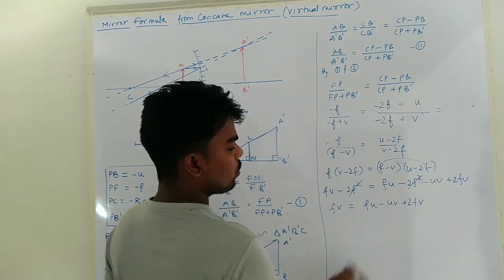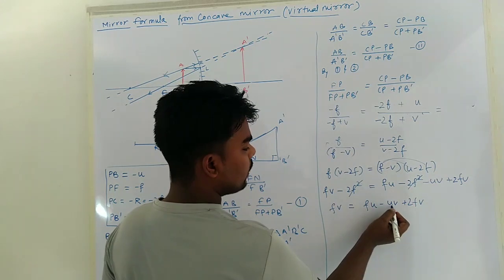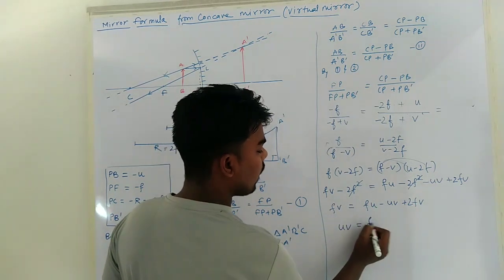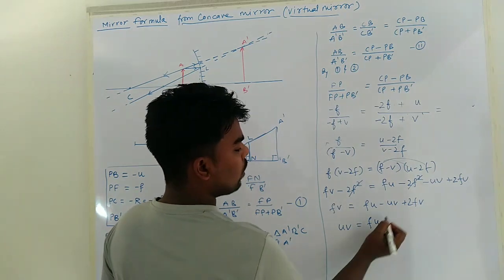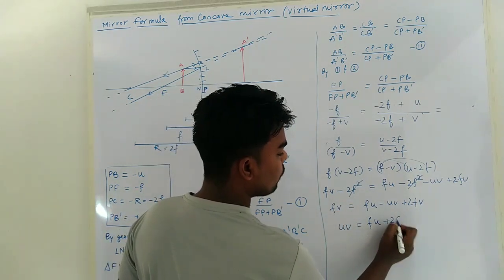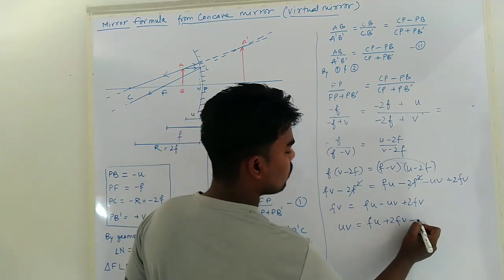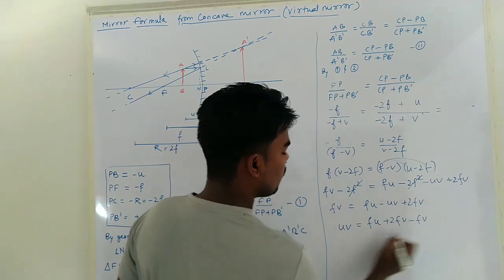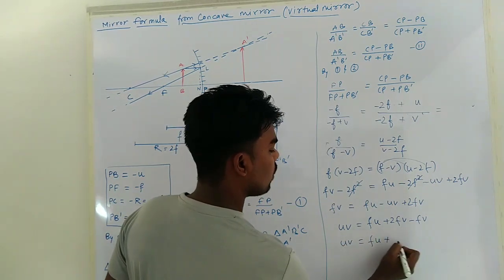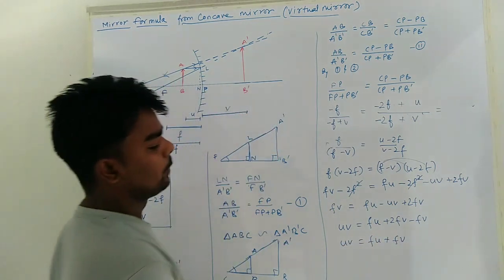Okay, so I will take UV this side, so this will become plus UV, then FU, and this FV, and here is left 2FV, and this will come here, so minus FV. This will become UV equals FU plus FV.